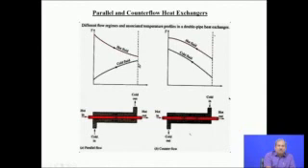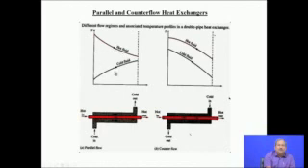And one more point to look at is that the outlet temperature of the cold fluid can never be more than the outlet temperature of the hot fluid. So there is some sort of a barrier which the cold fluid can never cross. If you provide infinite length of the heat exchanger, then the cold fluid outlet temperature will be equal to the hot fluid outlet temperature, but it can never cross it.